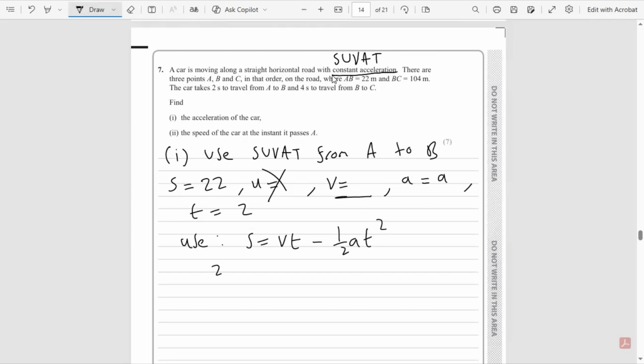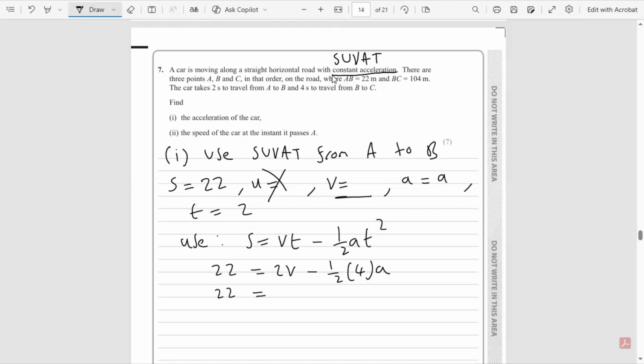So we've got here a displacement 22 is equal to vt. So v times 2, that's going to be 2v. And then minus a half times the acceleration, and then the time squared. So 2 squared is 4. So half of 4 times a. So half of 4 times acceleration. We'll just simplify this.